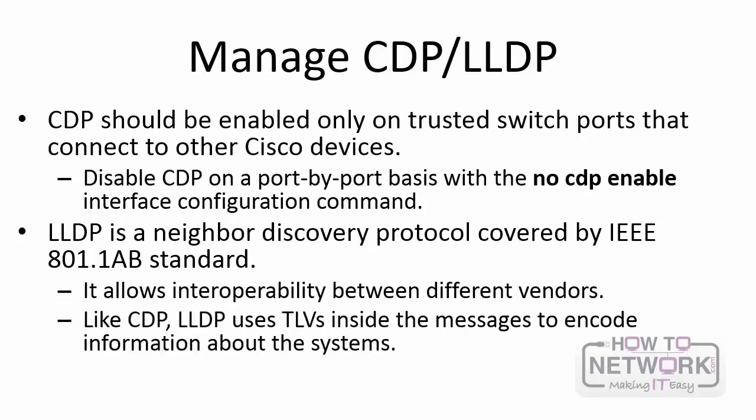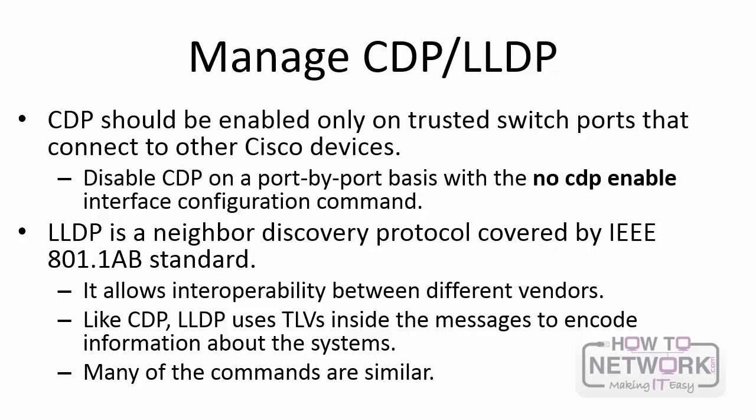So all this information, such as the system name, system description, system capabilities, the management IP, port description, etc., are sent between devices, just like CDP. And obviously that's a lot of information that an attacker would love to have. So Cisco wants you to understand that you should treat LLDP the same way you do CDP, and that is you limit it only to the ports that you need it to run on.